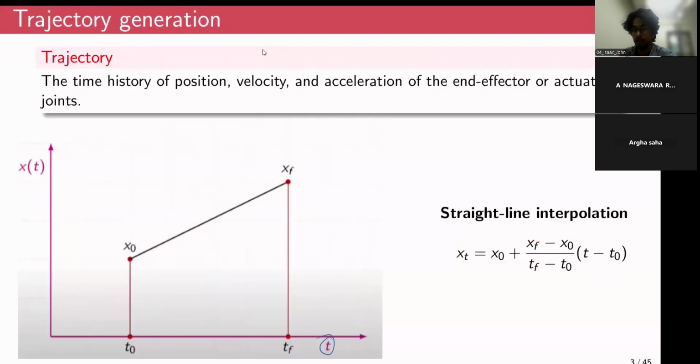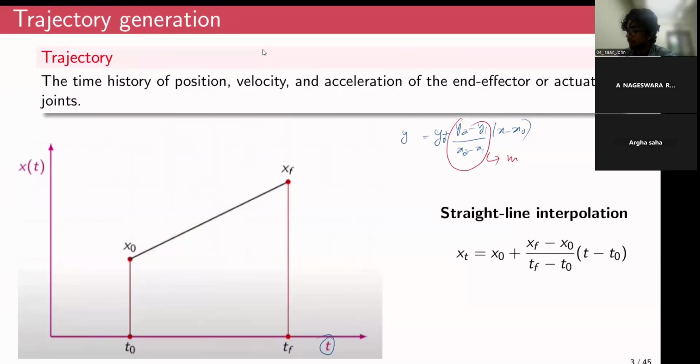We are familiar with the standard equation of a straight line: y minus y0 would be (y2 minus y1) by (x2 minus x1) multiplied by (x minus x0). Or if I take this y0 to the other side, you will end up with y equals y0 plus this term (y2 minus y1) by (x2 minus x1), which would be the slope of this entire line.